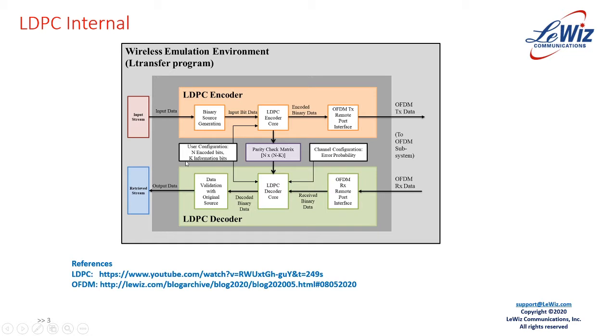What we have done here is we also add the ability for the user to configure the kind of information that they feed in and the kind of encoding that they want to achieve. We also have a capability for the user to inject errors or configure the probability of the errors.